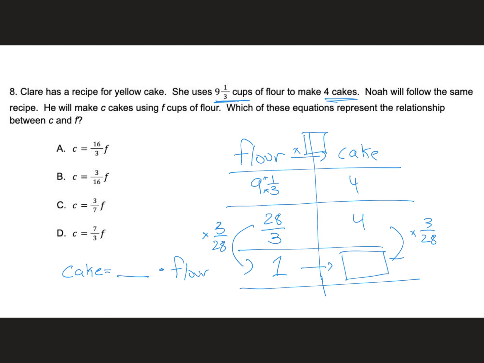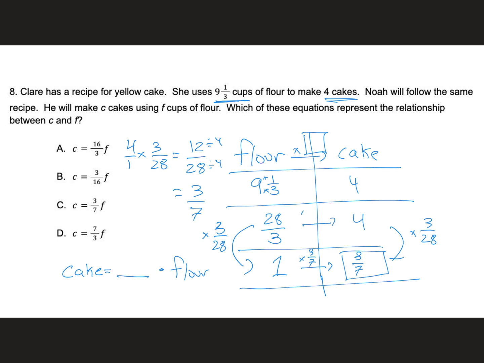I'll do that up here. 4 over 1 times 3 over 28 is equal to 12 28ths. Now I need to simplify. 4 goes into both of these numbers. 12 divided by 4 is 3. 28 divided by 4 is 7. So my constant is 3/7.